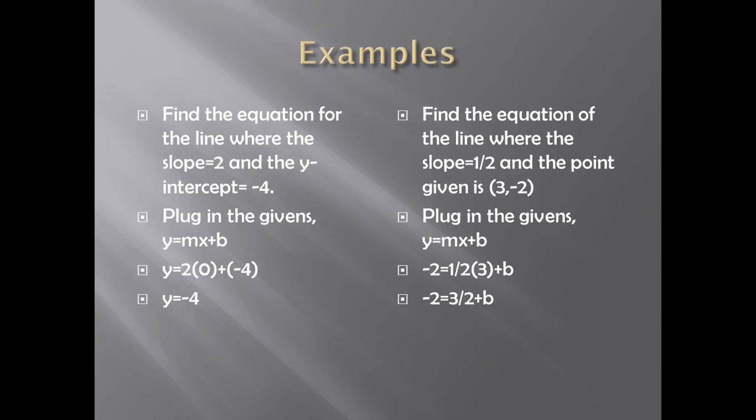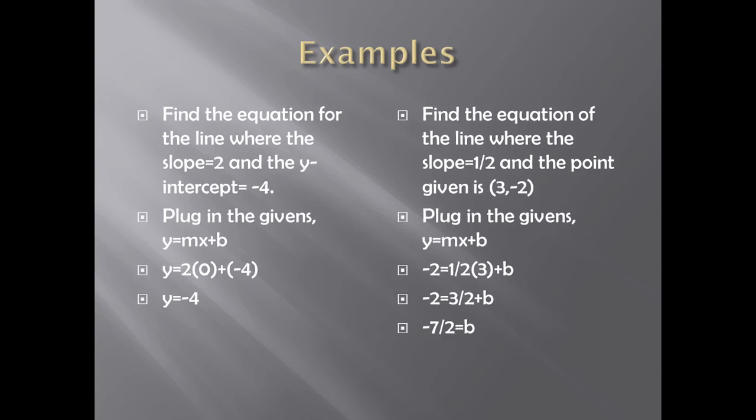Now you're going to subtract 3/2 from both sides. Obviously, you have to get a common denominator so that you can add and subtract, and you get -4/2. So -4/2 minus 3/2 will give you -7/2, which is equal to b.